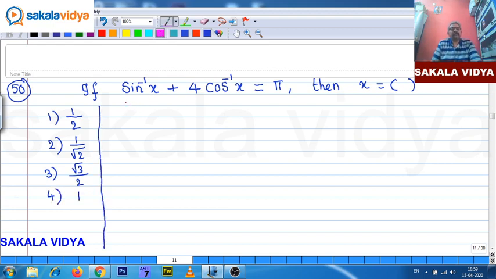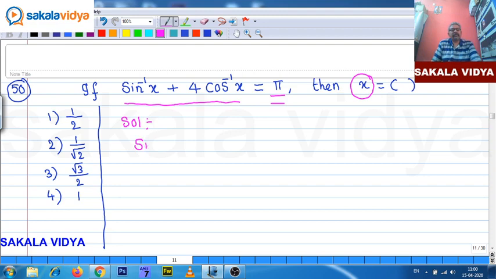Now, sin inverse x plus 4 cos inverse x equals pi, we need to evaluate the value of x. First let us split 4 cos inverse x as cos inverse x plus 3 cos inverse x.